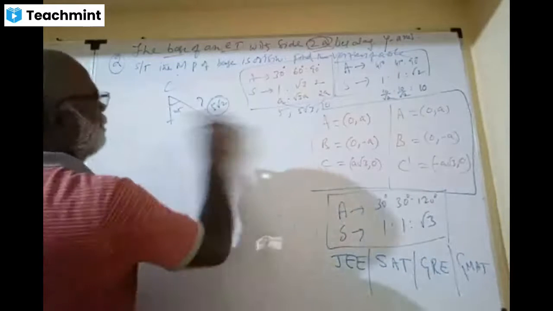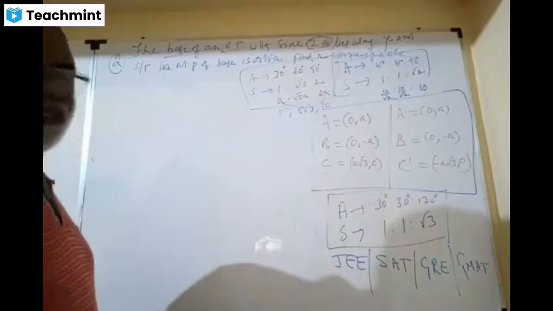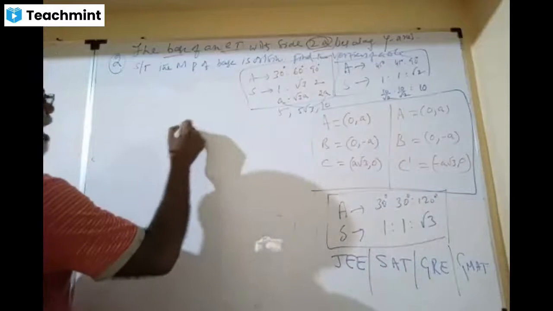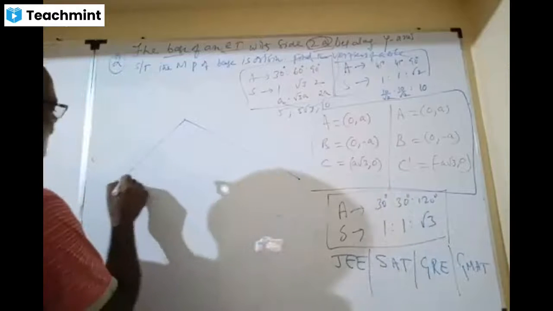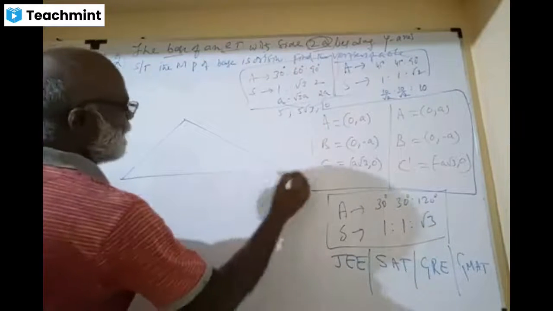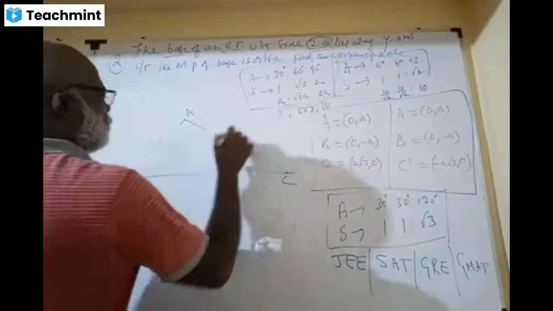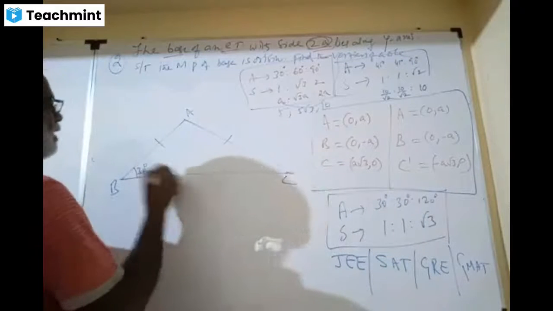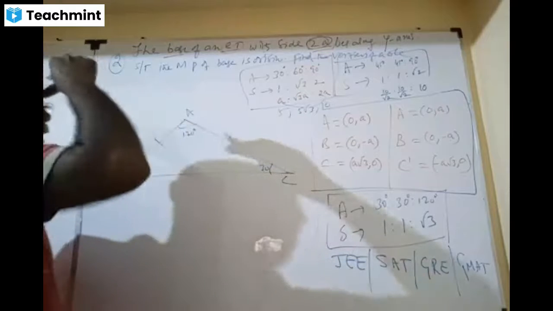Am I clear? Yes, sir. Mahesh, are you getting it? Yes, sir. This is called 120 degree. This is an obtuse angle triangle, yes. A, B, C, please. These two sides are equal, and these angles are 30 and 30. This is called 120 degree.